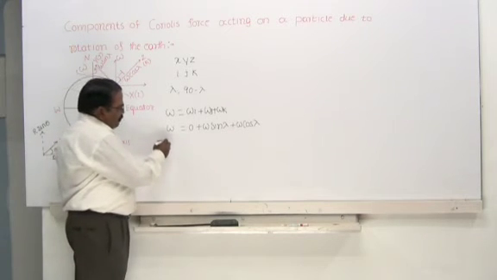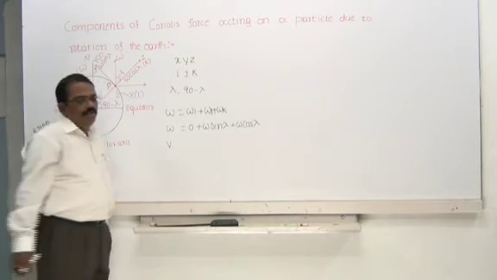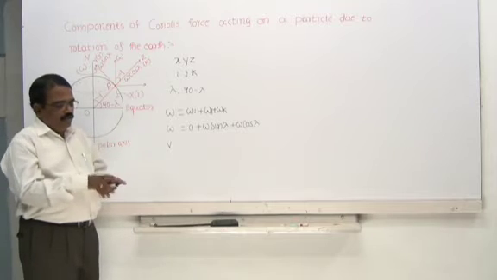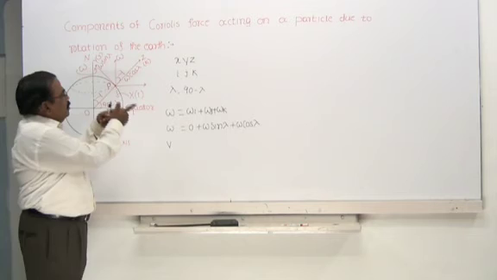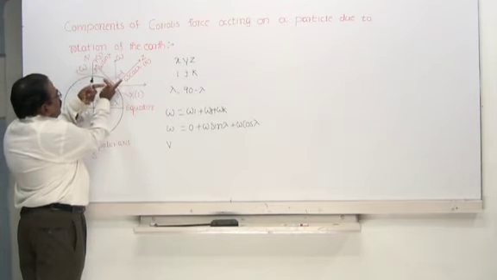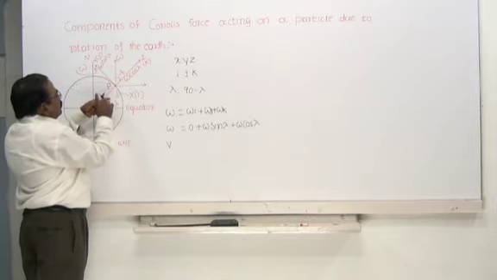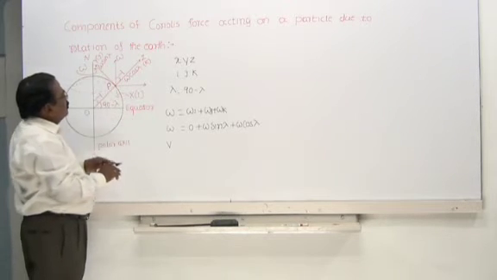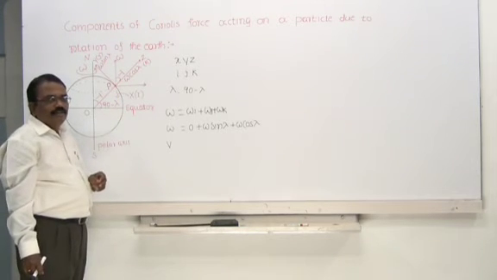Let V be the velocity of the particle. So this particle P is in the xy plane according to the right hand rule, but not in the z plane.